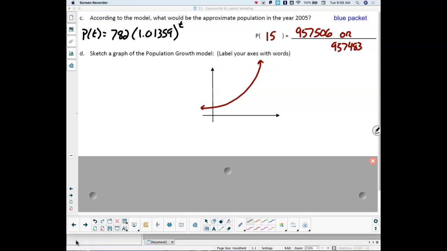Okay, so there's my general picture. Yes? We just got to throw some more labels on it. Okay? So, give me something that I can label. Population in thousands on vertical or on horizontal? Vertical.